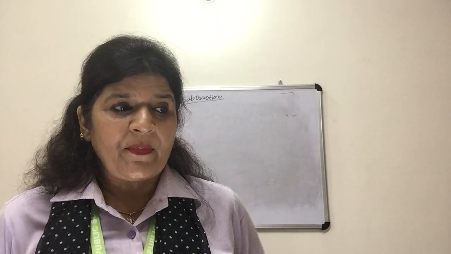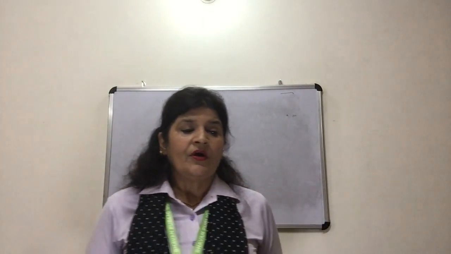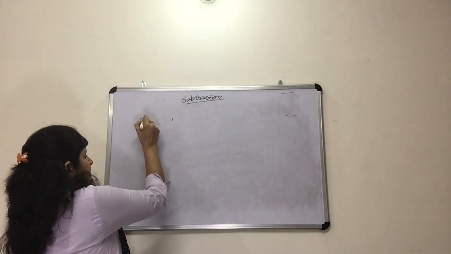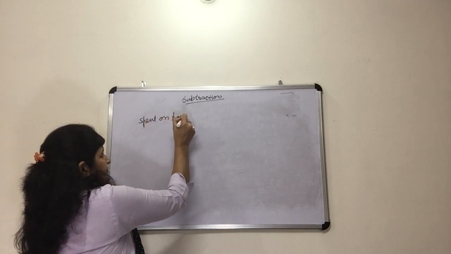Suppose the question is, I'm just taking a word problem. Ramesh spent 1/8 of his income on house rent. Ramesh is a fellow who spent 1/8 of his income on house rent. So we will write spent on house rent.